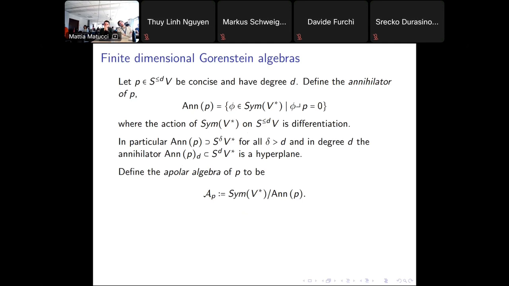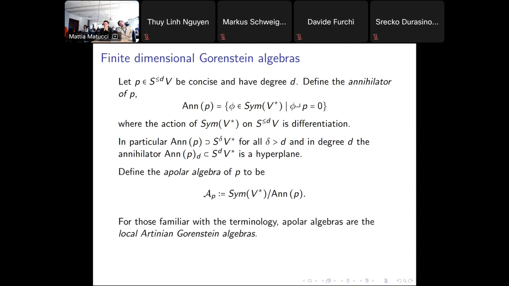This is a graded algebra, even if our original polynomial was not homogeneous. It was this differential operator; we know what its order is. And apolar algebras are the local Artinian Gorenstein algebras. So these are our heroes. All finite dimensional Gorenstein algebras are just direct sums of apolar algebras.